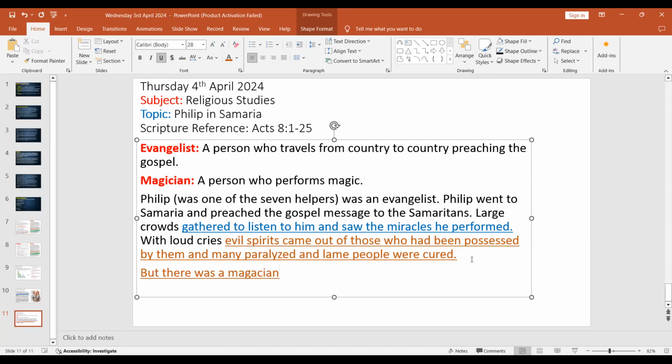There was a magician who was there in Samaria, and his name was, start with S. Simon. Simon, very good.